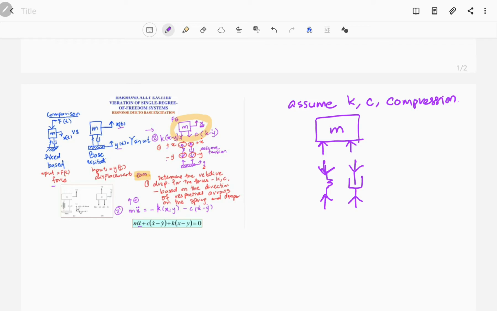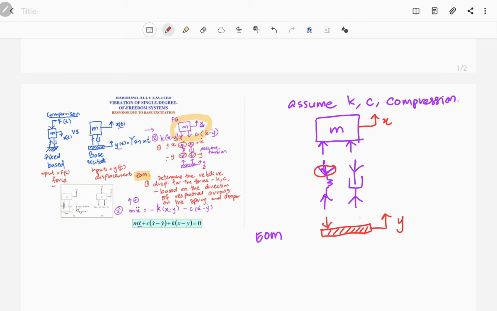Before we write the equation of motion, we have to determine the relative displacement first, based on the arrowheads. If you look at this arrowhead, let me draw again the direction of your X here. Then you also have your base, and your base is also going up.